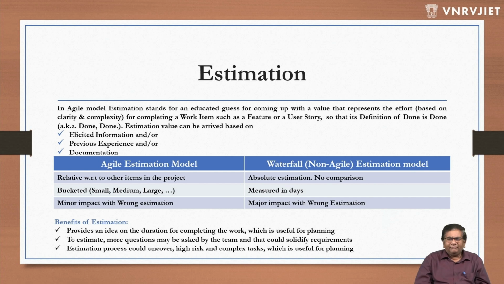Now, when comparing Agile with the waterfall model, the interesting part is that in Agile the estimation is not done in terms of days, whereas in a waterfall model the estimation is done in terms of days. For example, in the waterfall model, let's say the low-level design document says there are 100 functions that need to be written.